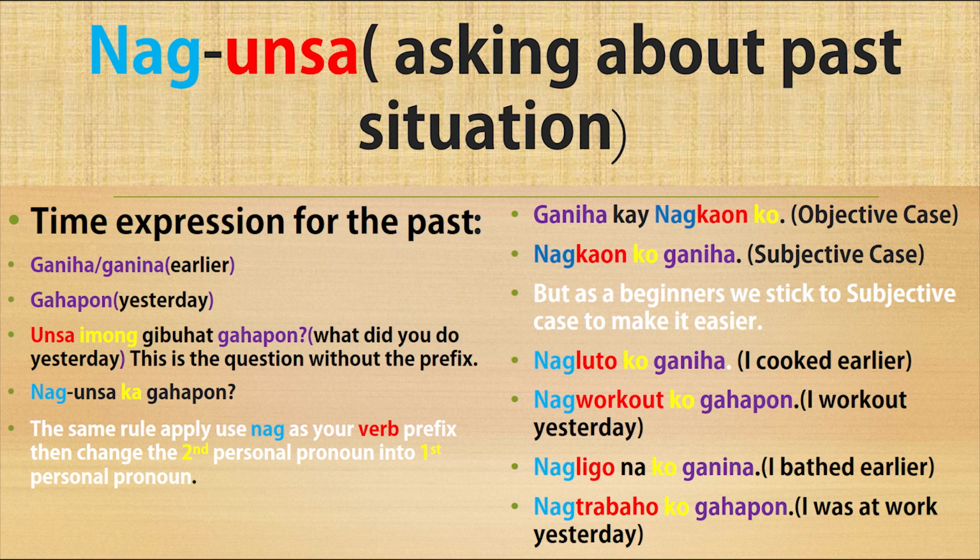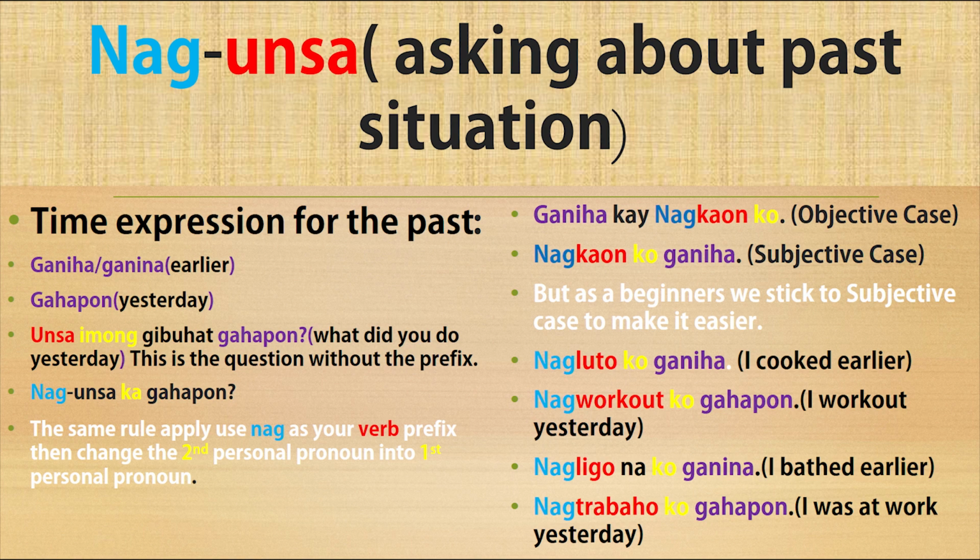This is the same question as unsa imong gibuhat gahapon without the prefix. What did you do yesterday? Nagunsa ka gahapon. This is past, okay? The same rule applies. Use nag as your verb prefix, then change the second person pronoun into the first person pronoun to answer the question.